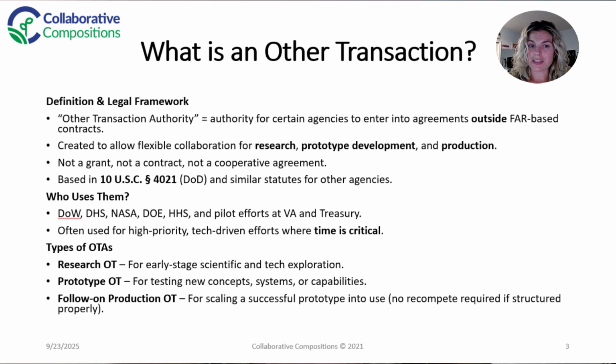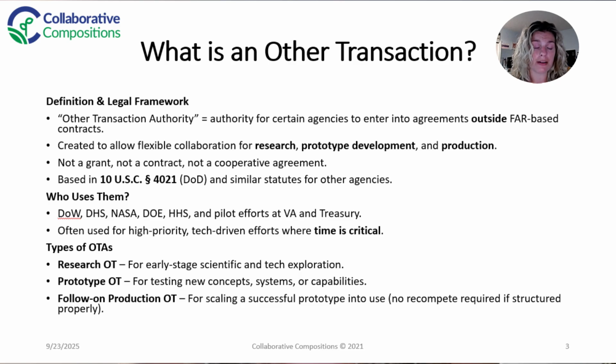Now, let's dig just a little bit deeper into this. What is an other transaction? It is, again, something that falls outside of the traditional FAR-based contracting structure. It was created around the 1950s to allow NASA and other agencies to enter into more collaborative relationships with the companies they're working with. Things that come out of these are research, prototype development, and oftentimes production.